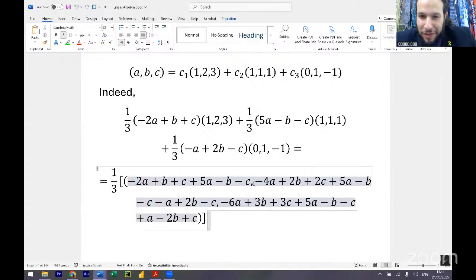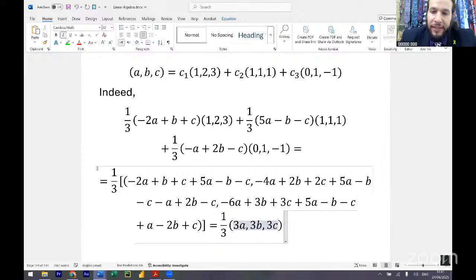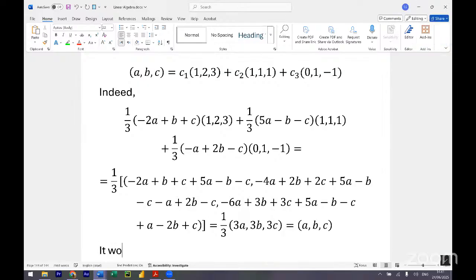And the last one is minus 6a plus 5a plus a is 0. 3b minus b minus 2b is 0. 3c minus c plus c, it's all together a third times 3a, 3b, 3c, which is a, b, c. It worked. Very confusing.